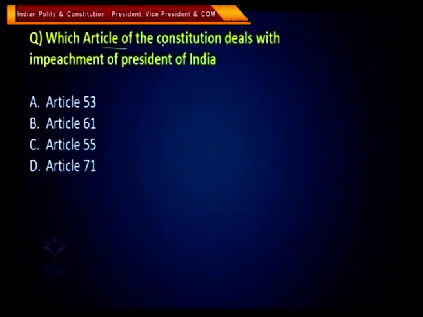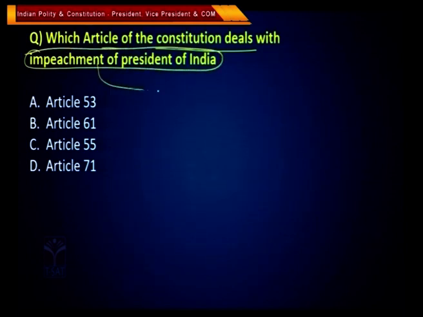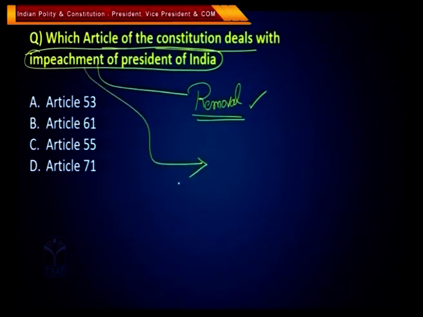Now look at this. Which article of the Indian Constitution deals with impeachment of the President of India? What is the meaning of impeachment? Removal. The removal procedure. From where did we bring this impeachment process? The US Constitution.